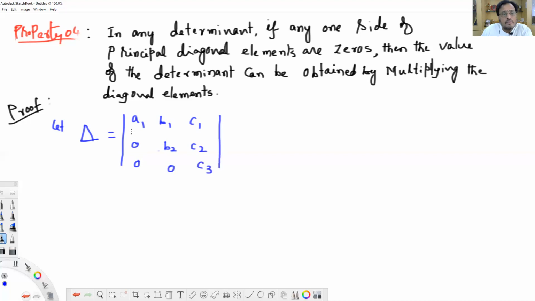So here, one set of principal diagonal elements are 0. The value of this we expand through R1 only. We already know that the answer will be A1 into B2 into C3.